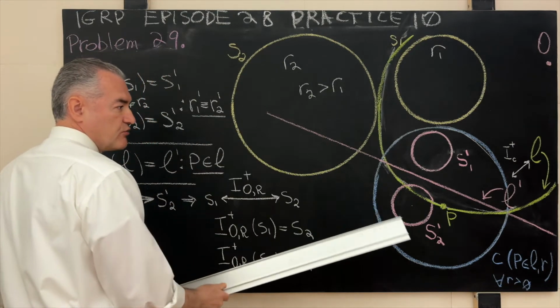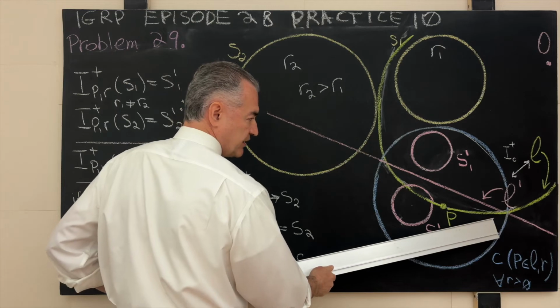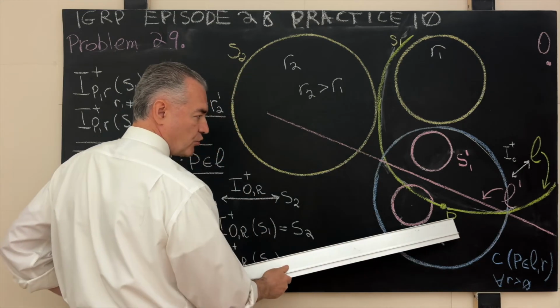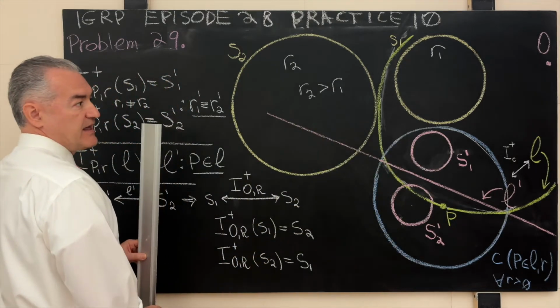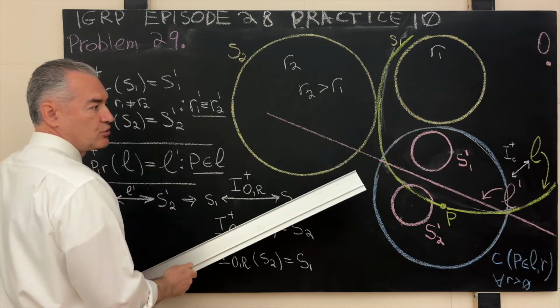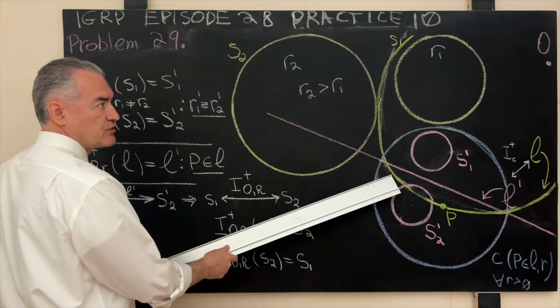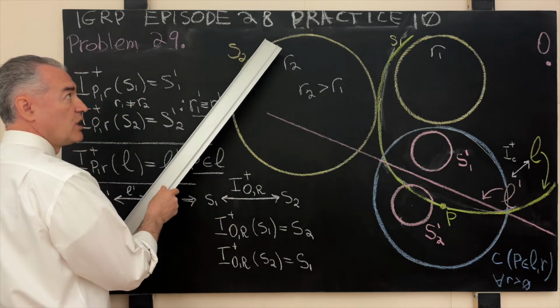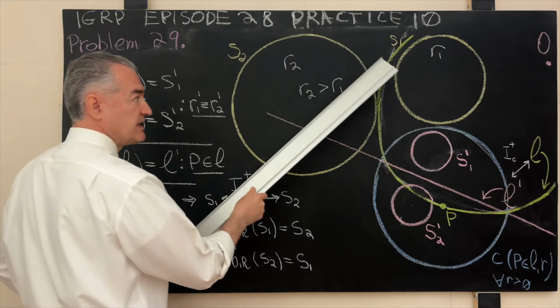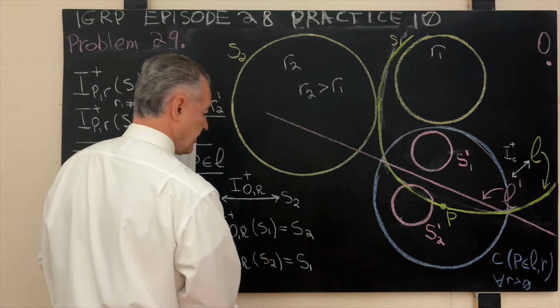The other property of the circle L that is of interest to us is the following. Not only does that circle house a center of inversion P, but that circle plays the role of the circle of inversion with respect to which the circle S1 will be taken into the circle S2, and the circle S2 will be taken back into the circle S1.